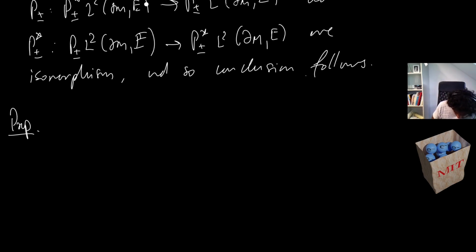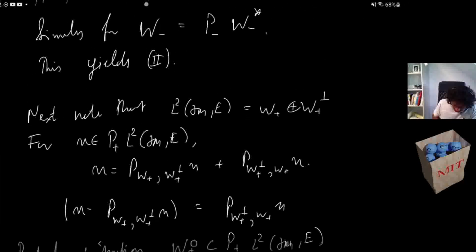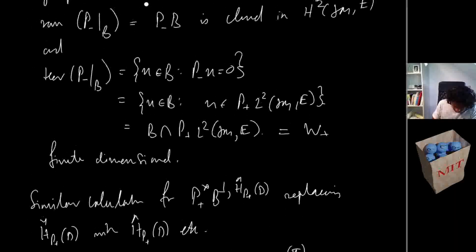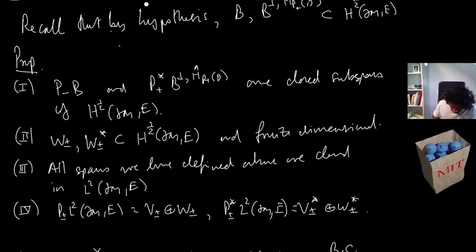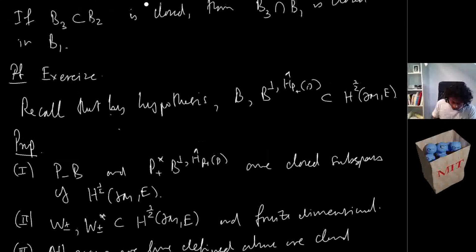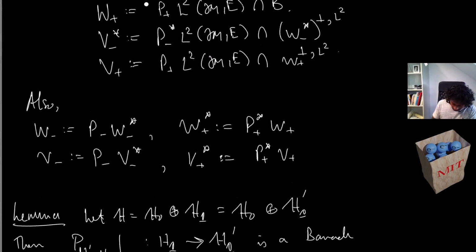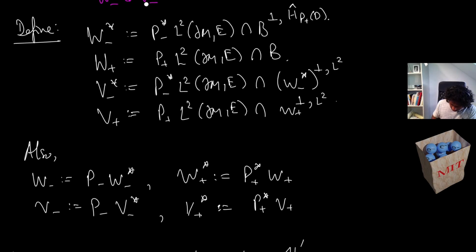So the next proposition. Let's quickly have a look at this proposition again, right? In this proposition, we've claimed that P minus B and P plus B annihilated are closed subspaces sitting in H a half. We've also constructed all of these other spaces.